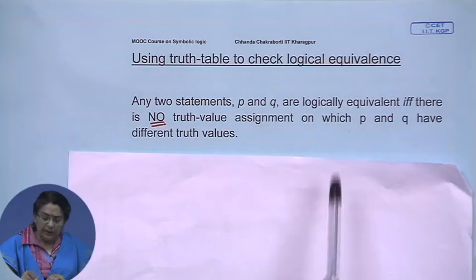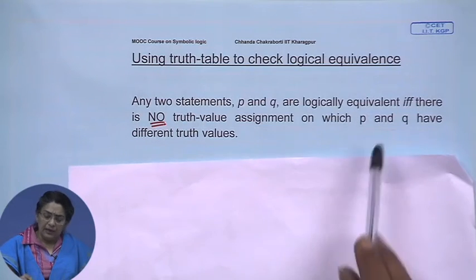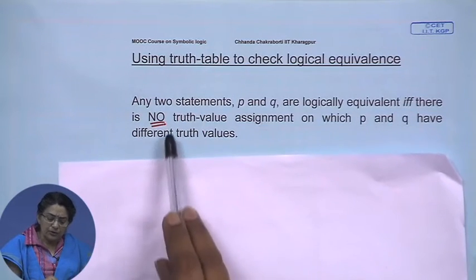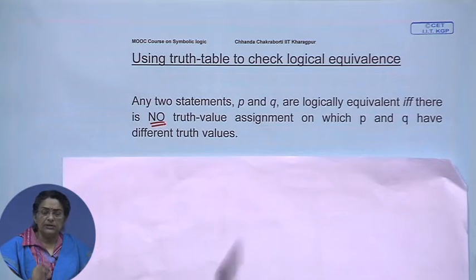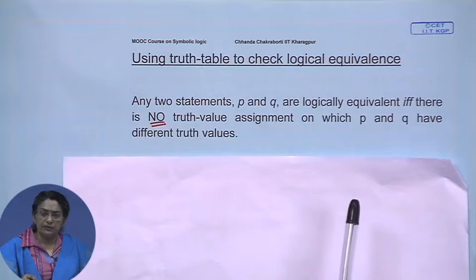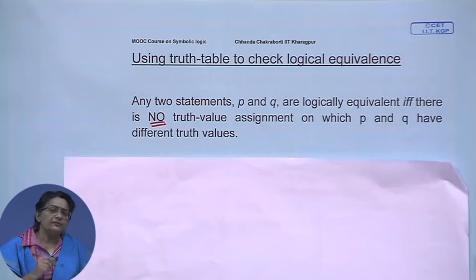Whenever there is a mismatch with the truth values for the propositions, there is no equivalence. Given any two propositions P and Q, we will call them logically equivalent if and only if there is no truth value assignment on which the truth values of P and Q mismatch or are different.